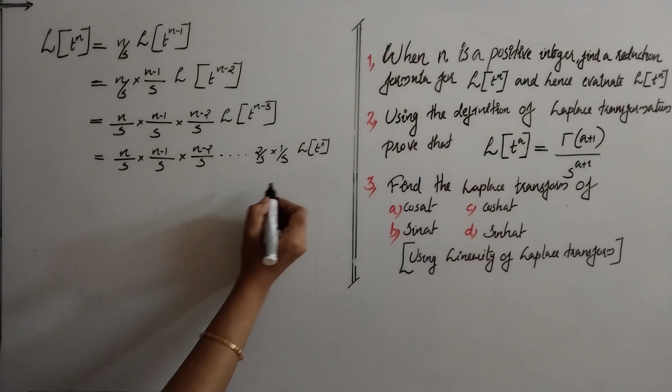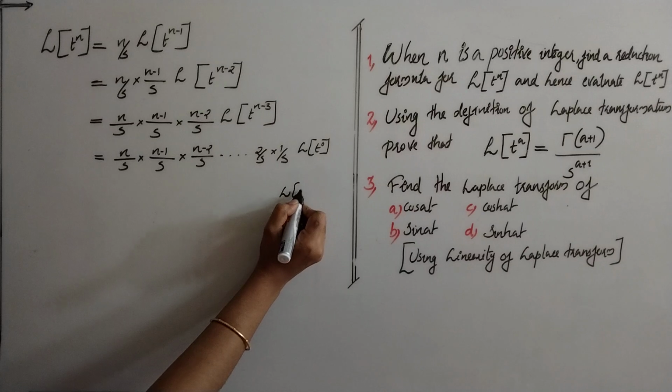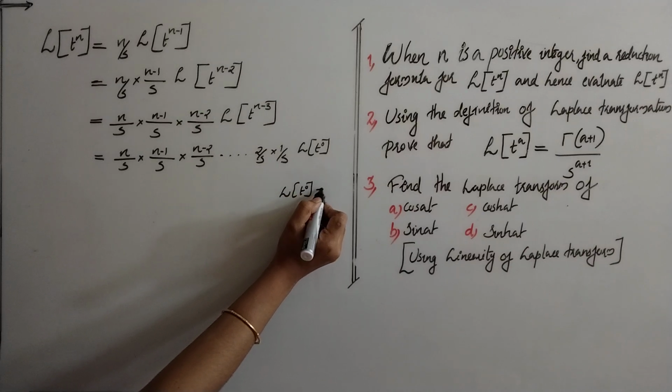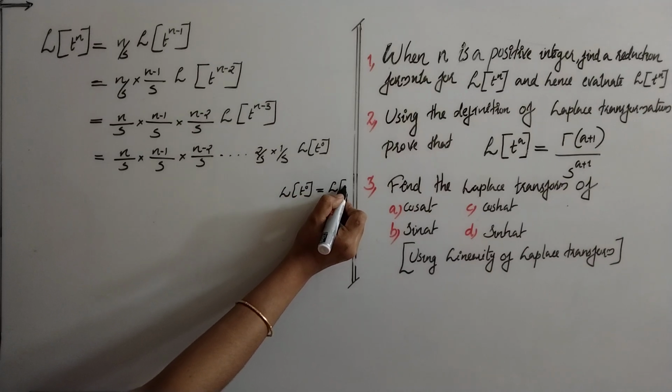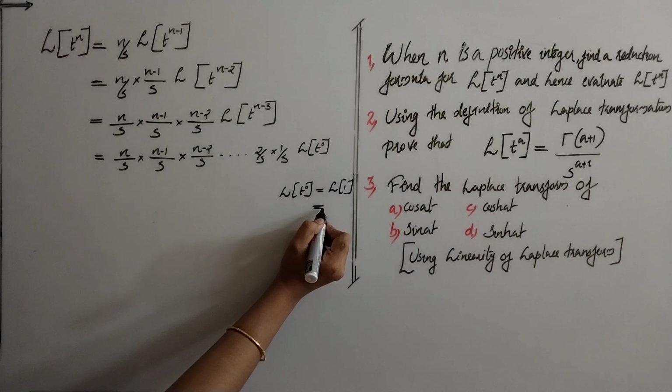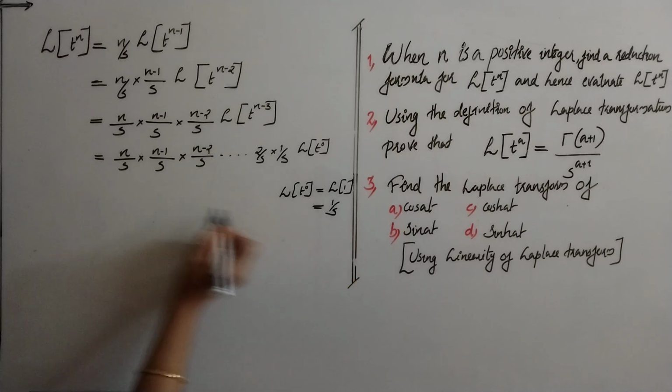Now Laplace transform of t raised to 0: t raised to 0 is 1, so that is Laplace transform of 1. Laplace transform of 1 is 1 by s.